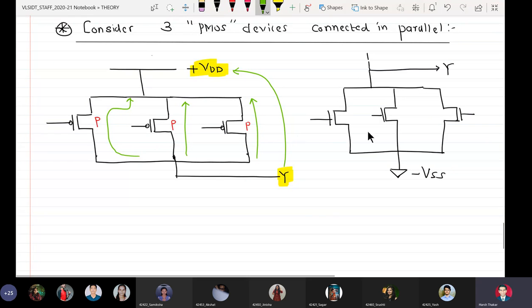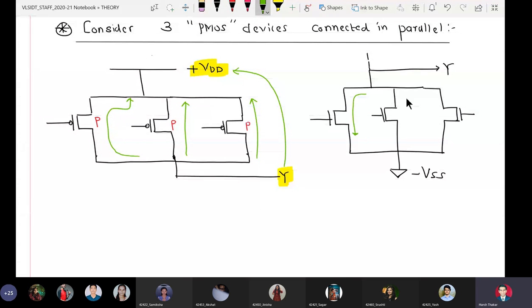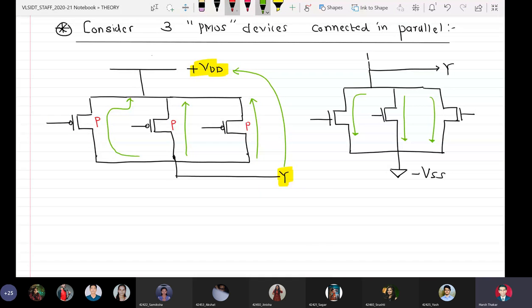Okay, same like before. I have three paths between Y and VSS. I'll make it reverse way because pull down. So path number 1, path number 2, path number 3. All three paths should have the pull down strength as N. So N, N, and N. Okay, it's very, very simple.